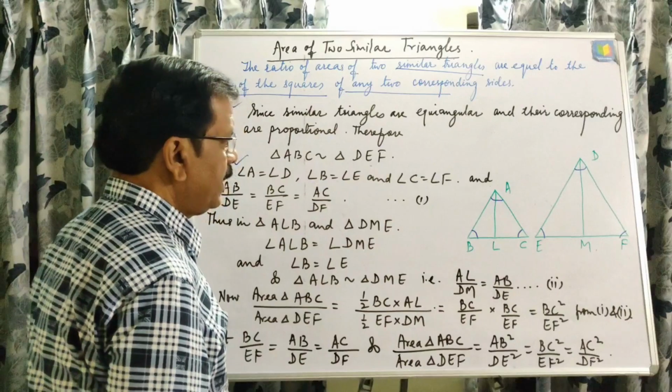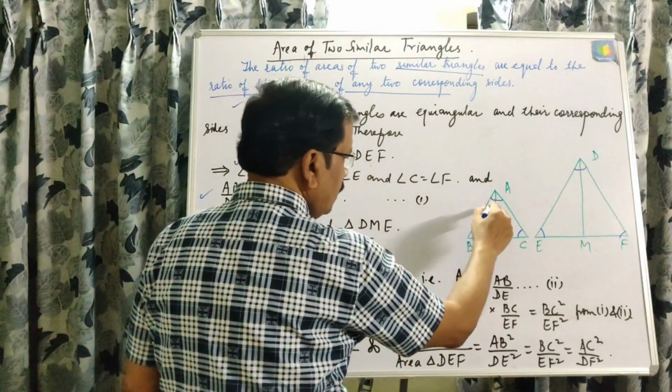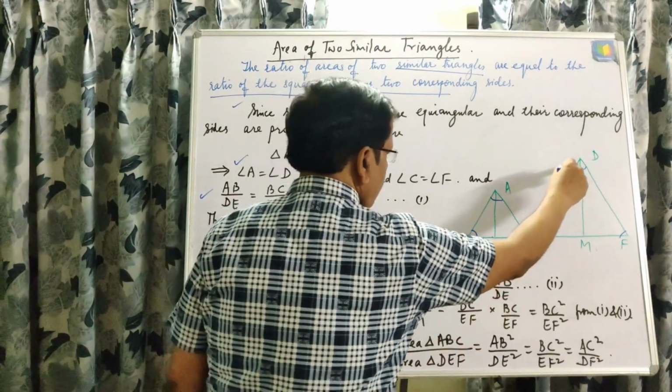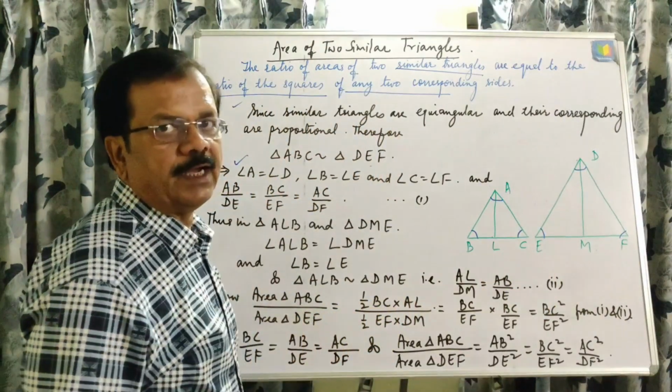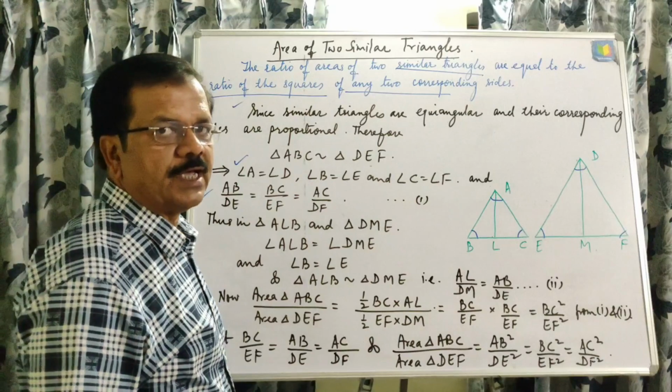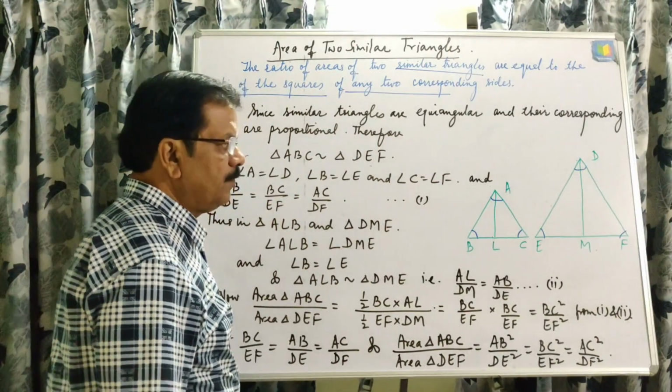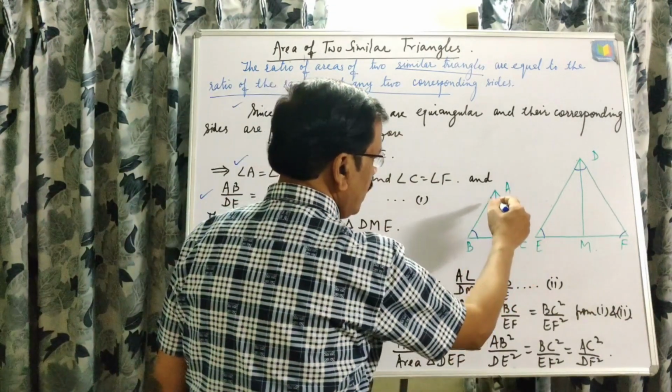Then taking this triangle, draw perpendicular from A to BC, that is AL, and from D to EF, that is DM, because ultimately we have to find out area of these two triangles, and you know the area of triangle is half base into height.